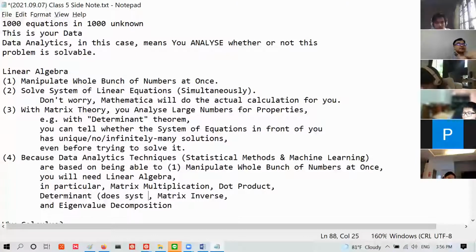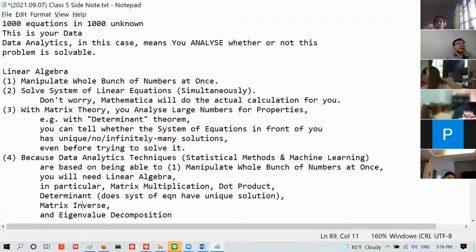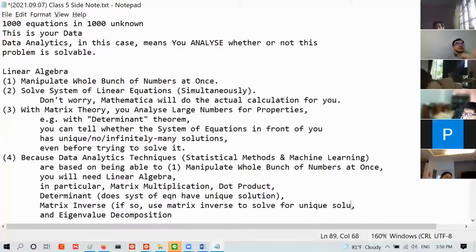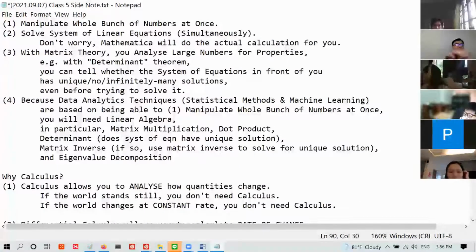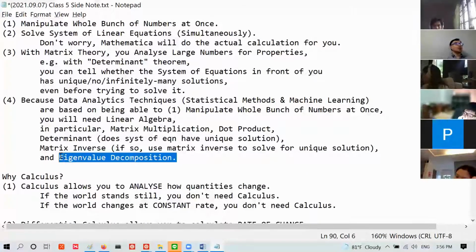Once you determine that the problem can be solved, you use matrix inverse. Does the system of equations have a unique solution? If so, use matrix inverse to solve. Okay, so I talked about this today. I didn't talk about this, and I certainly haven't talked about this. But this is another thing that we will come back to.